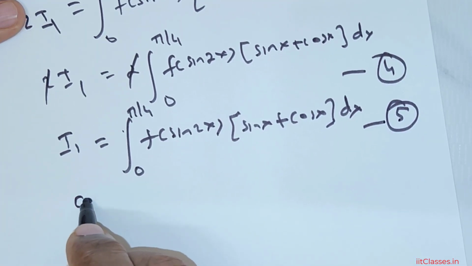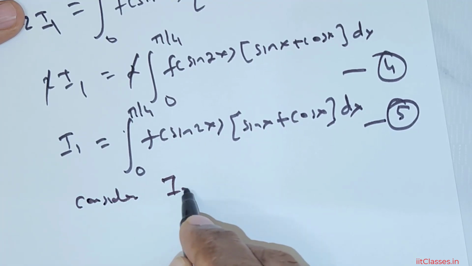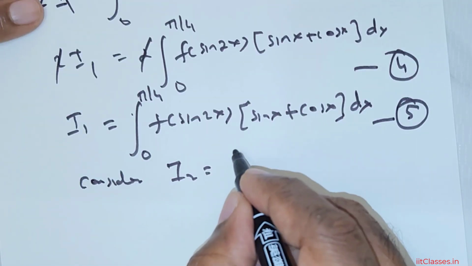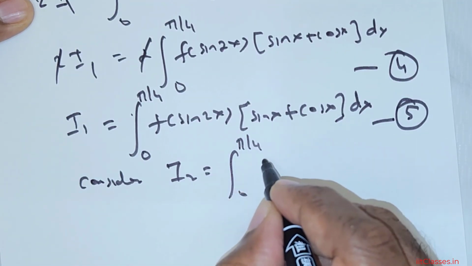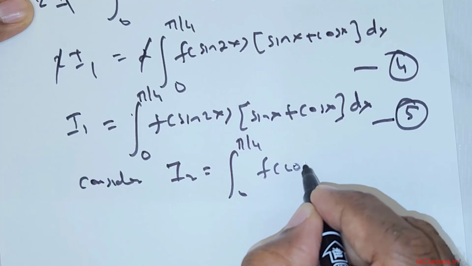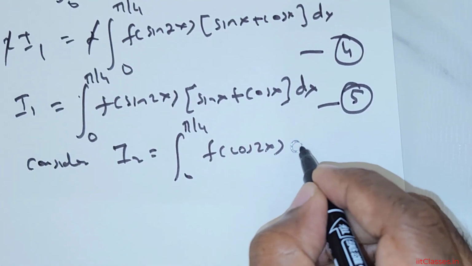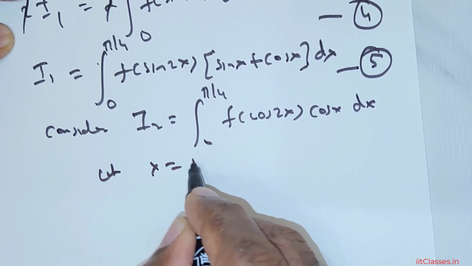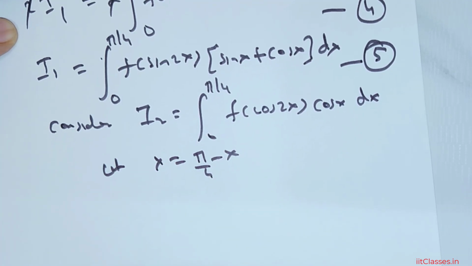Now let me consider I2. What is my I2? I2 is integral 0 to pi over 4 f of cos 2x times cos x times dx. Now let me set x to pi over 4 minus x.